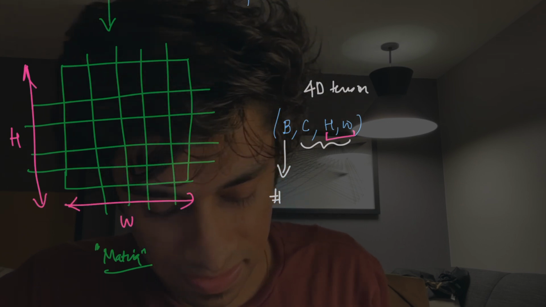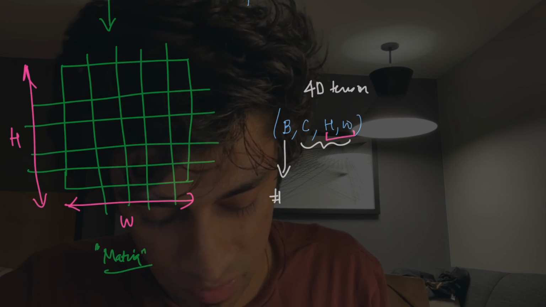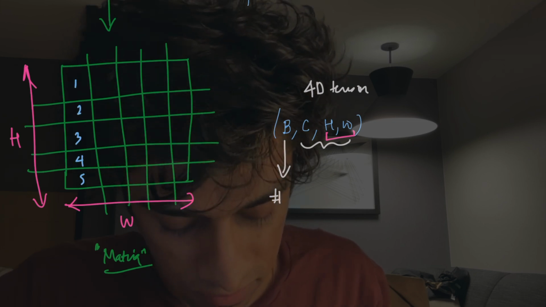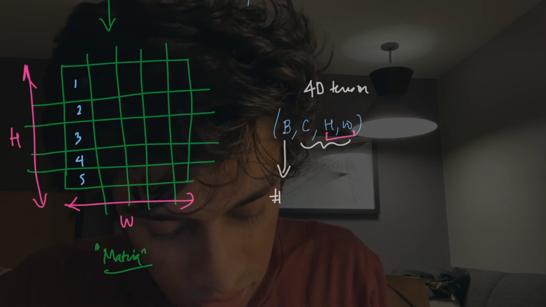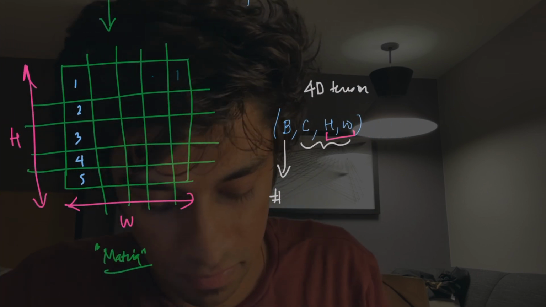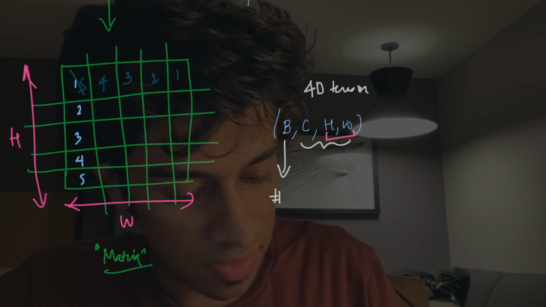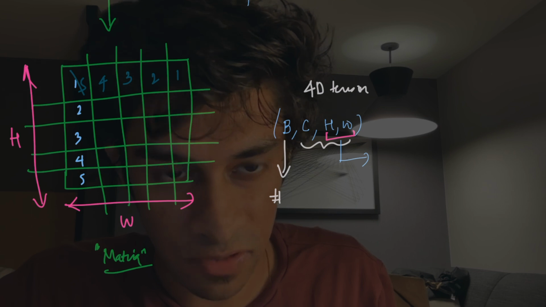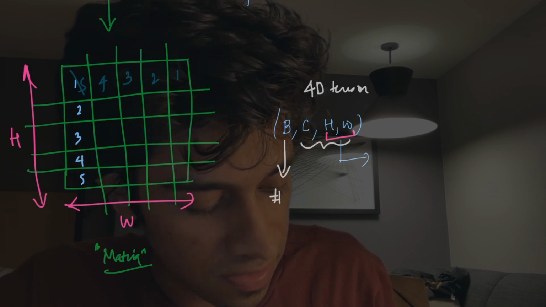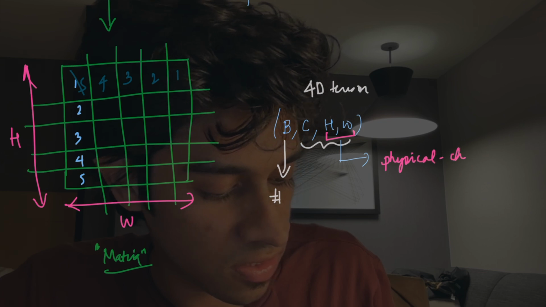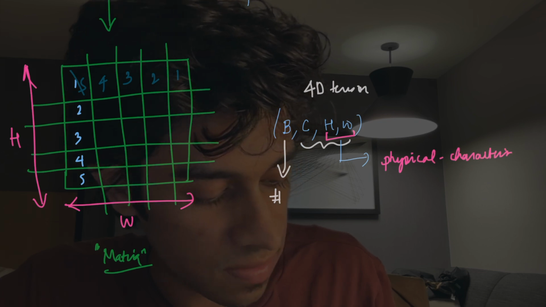As of now, we can simply count them to be 1, 2, 3, 4, 5, and subsequently on the width side again 1, 2, 3, 4, 5. So these two values represent nothing but physical characteristics, or the number of pixels.